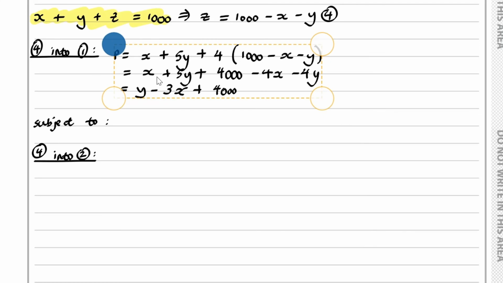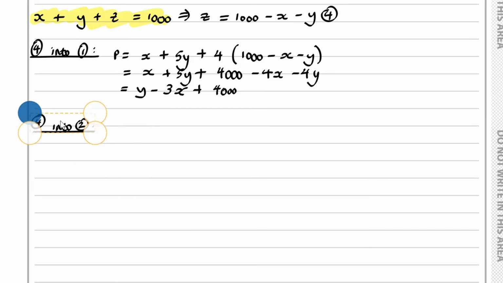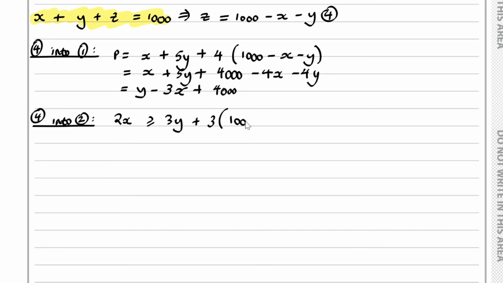Let's just tidy it all up first and then we'll write down the final statements. Okay, so if I just move this up here, if I substitute in equation 4 into 2, we have 2x being greater or equal to 3y plus 3z, so we have 3 lots of 1000 minus x minus y.